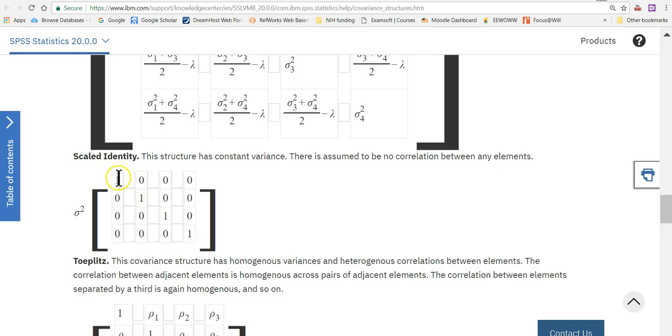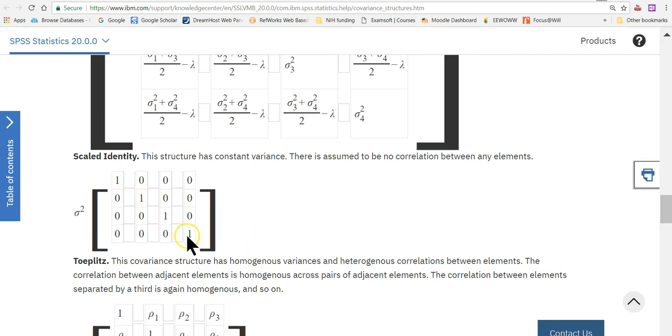Now, this is just their stock model. We have in our example 7 visits. So we would have 7 columns by 7 rows.